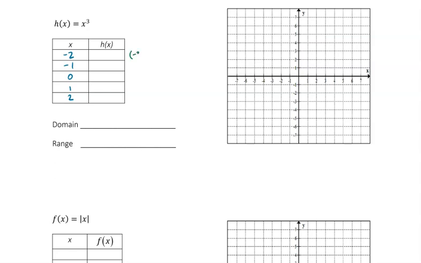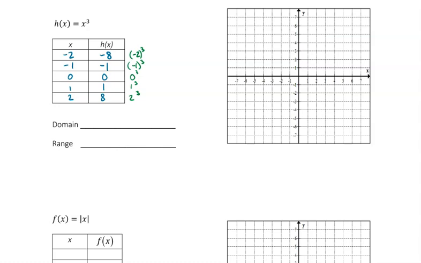So it's going to be -2 cubed, -1 cubed, 0 cubed, 1 cubed, 2 cubed. -2 cubed is -8. -1 cubed is -1. 0 cubed is 0. 1 cubed is 1. 2 cubed is 8.